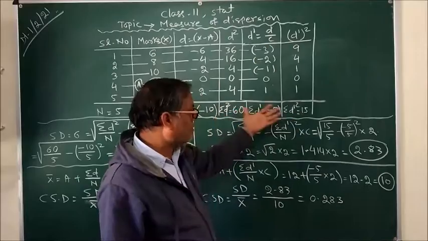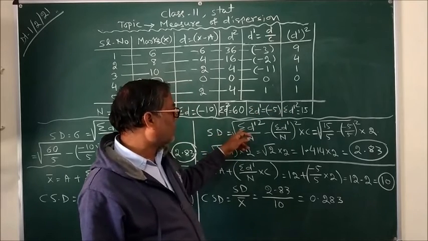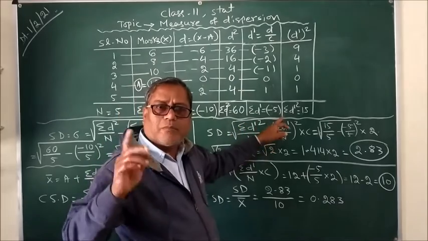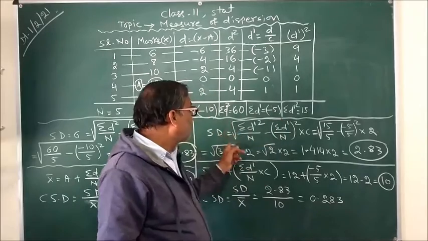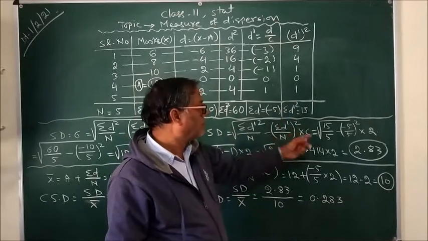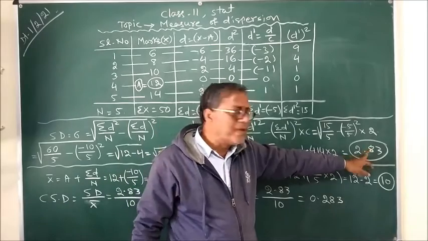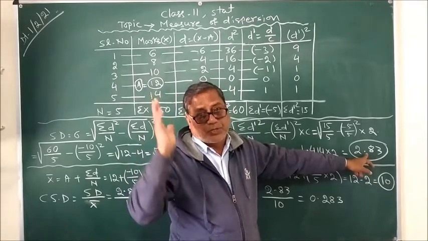Once we get the values, the formula is the same: standard deviation is the square root of summation d dash square upon n minus, summation d dash upon n, the whole square, multiplied by the common factor c. After solving, we got the same value, 2.83, as our standard deviation, which is an absolute value.